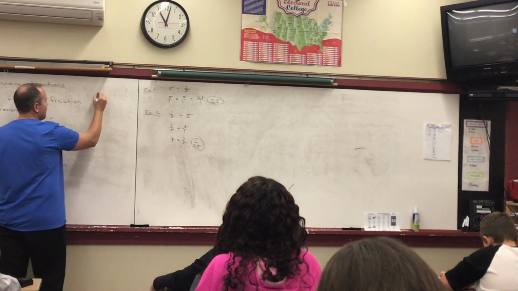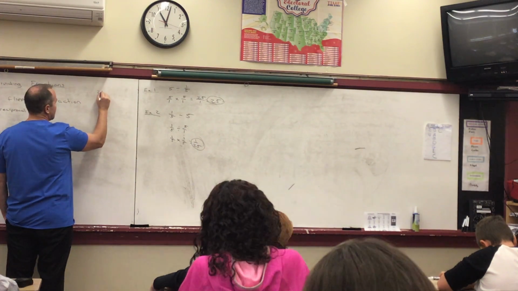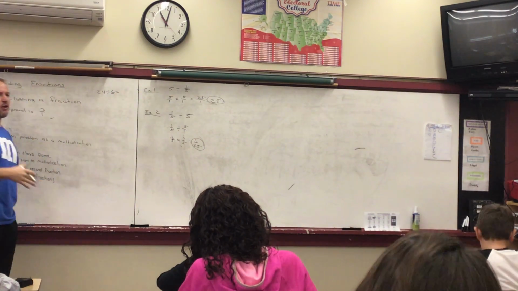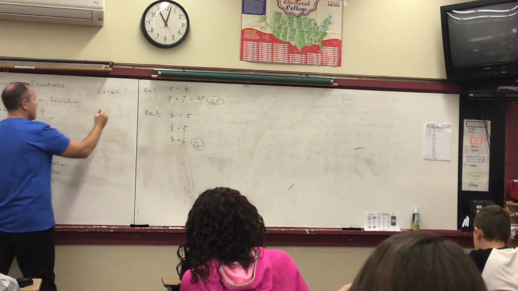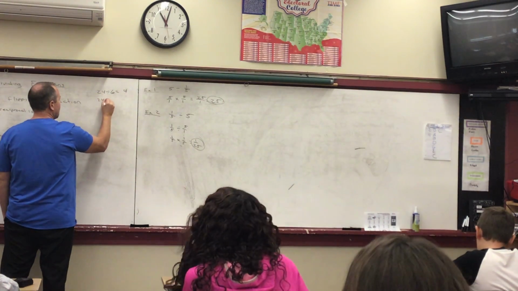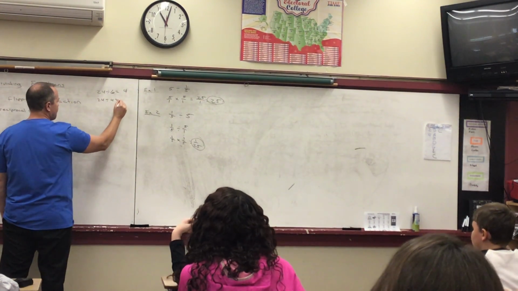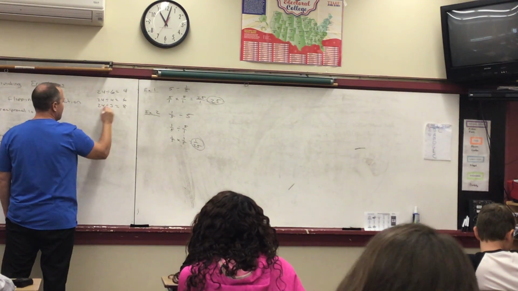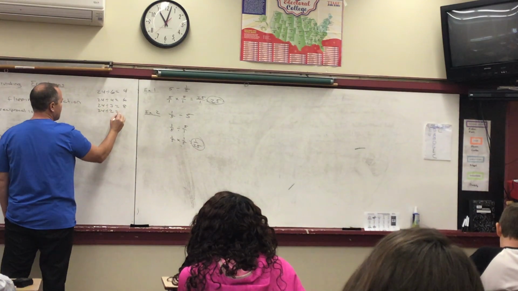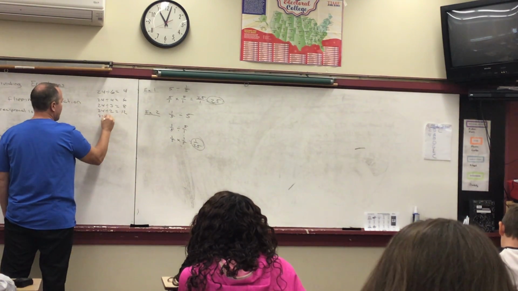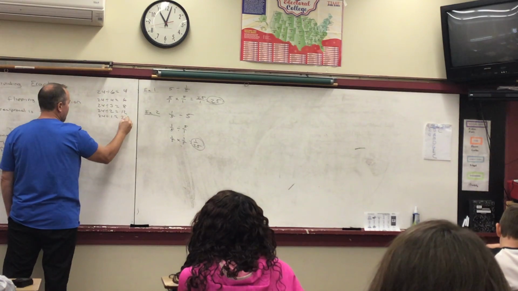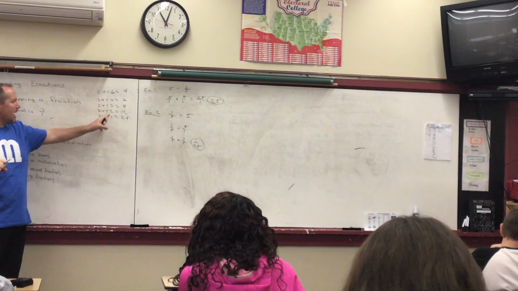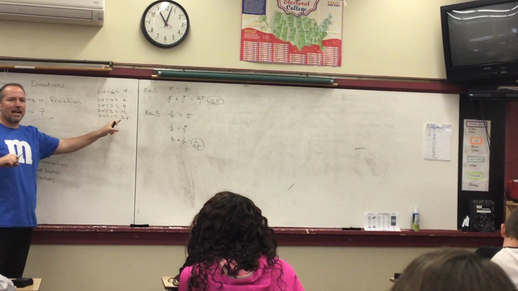If you look at this for a second, let's say we have 24 divided by 6. 24 divided by 6 is 4. 24 divided by 4 equals 6. 24 divided by 3 equals 8. 24 divided by 2 equals 12. 24 divided by 1 equals 24.